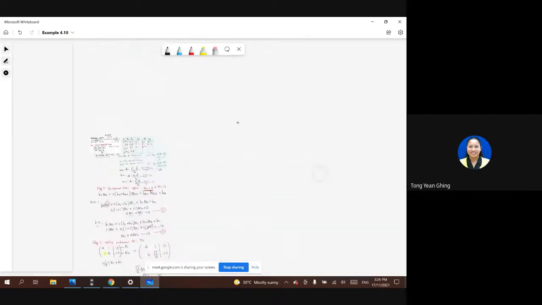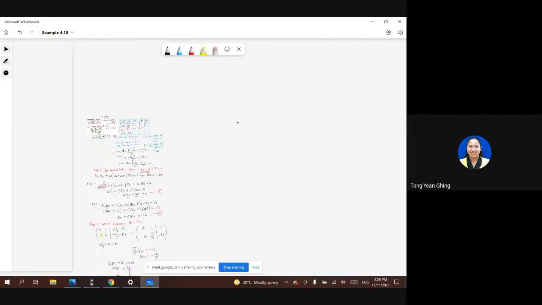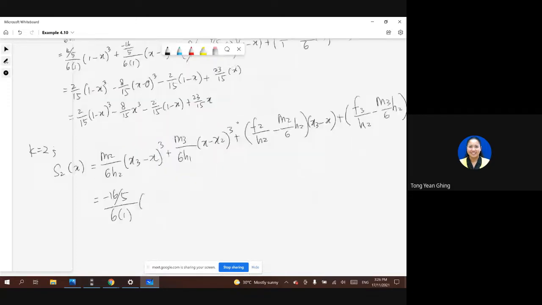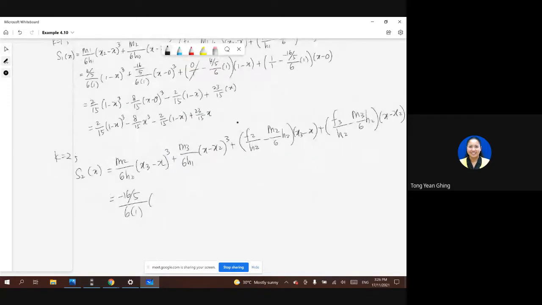So x3 is 2, F3 is 0. The M3 is 0, so I didn't write it because it's 0.